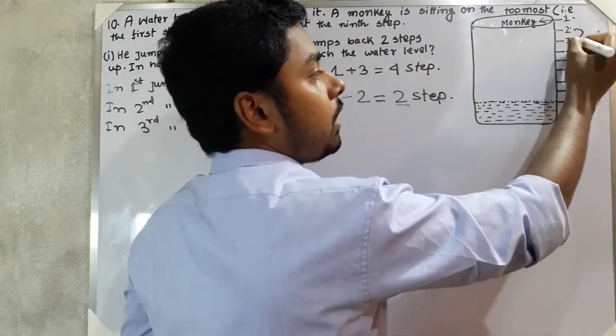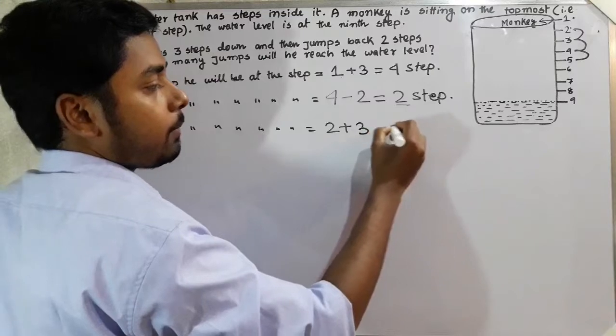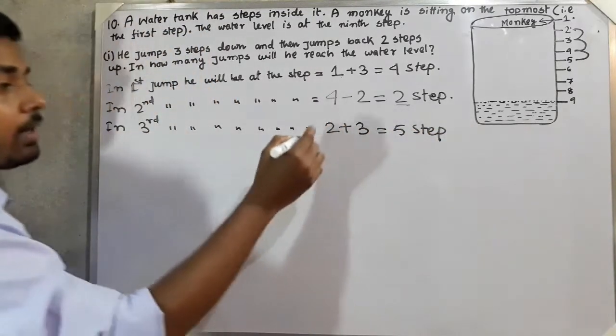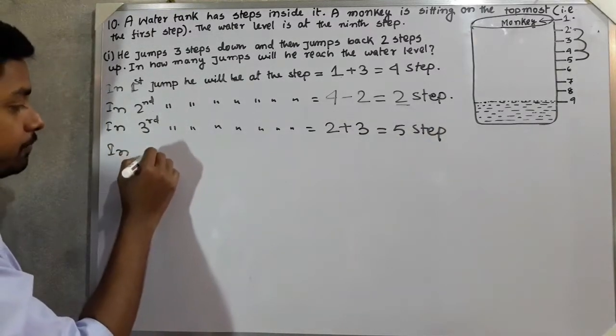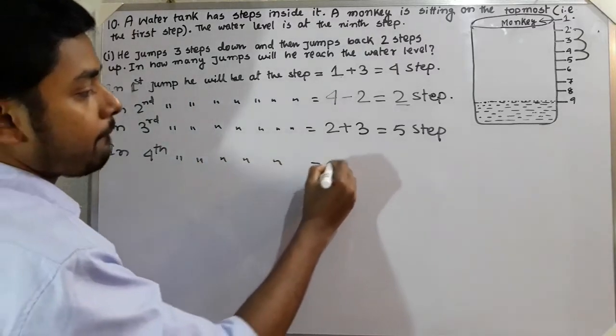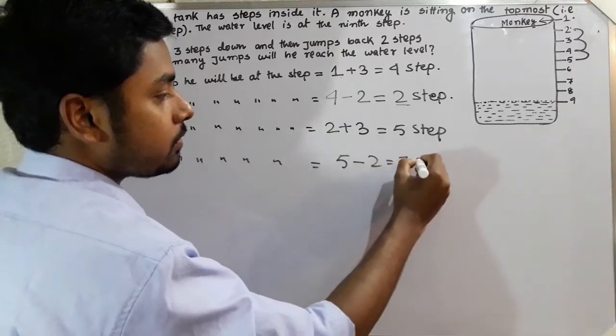So from 2, 1, 2, 3, plus 3, that means he will be at the 5th step. And in the next jump he will be at 5, then minus 2, the 3rd step.